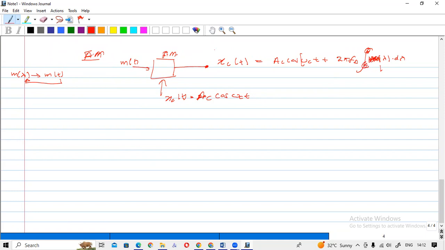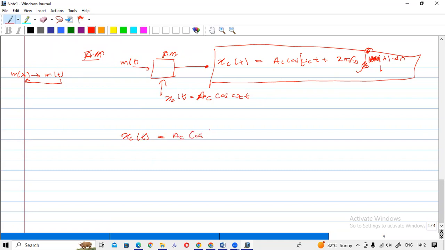So actually this is the FM modulated signal. I will write it here clearly. XCT is equal to AC cos omega CT plus 2 pi f delta integral of m lambda d lambda.